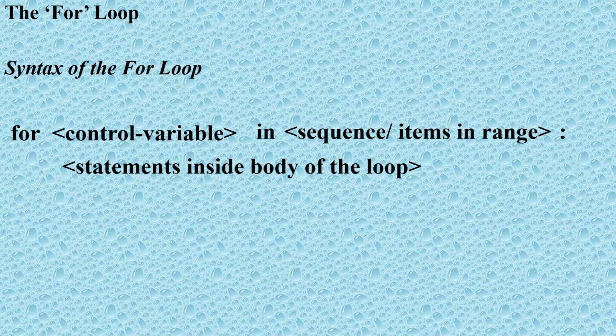That means it will execute the statements outside the for loop when all the values which we have written in the control variable have been exhausted in the sequence or in the range, then it will come out of the loop and execute the statements following the for loop.